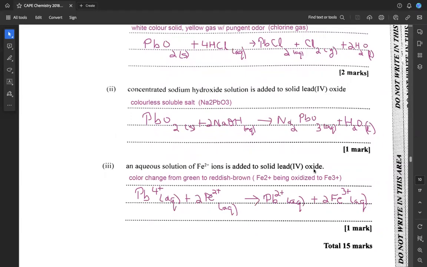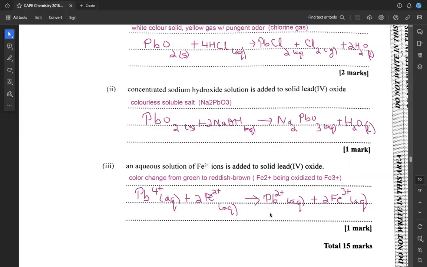It would rather be in the +2 state. So it would love to just get reduced. So it's going to function as a powerful oxidizing agent. And what it's going to do is oxidize the Fe2+ ions to Fe3+, while it itself is going to get reduced.